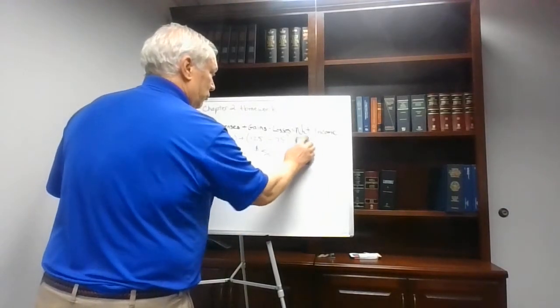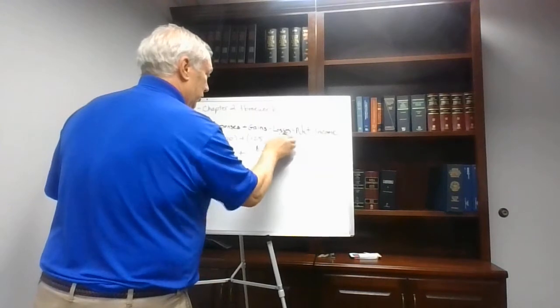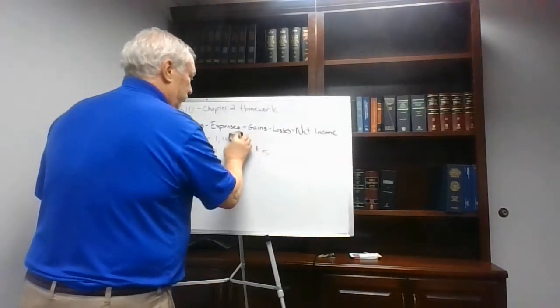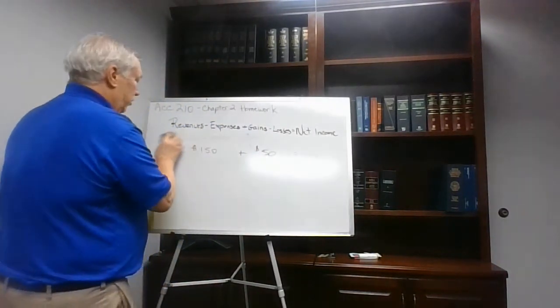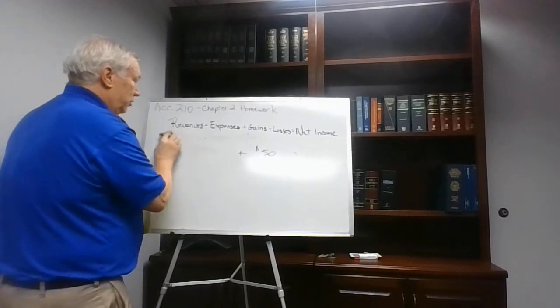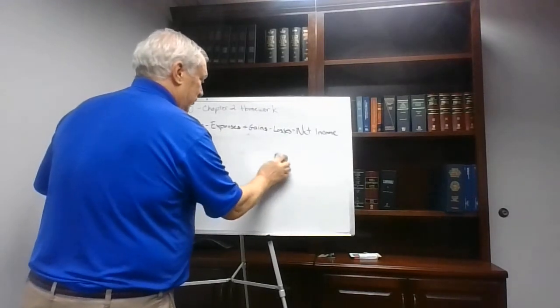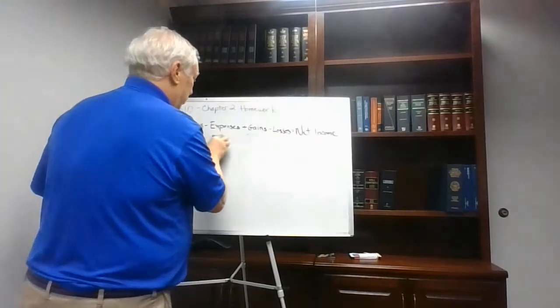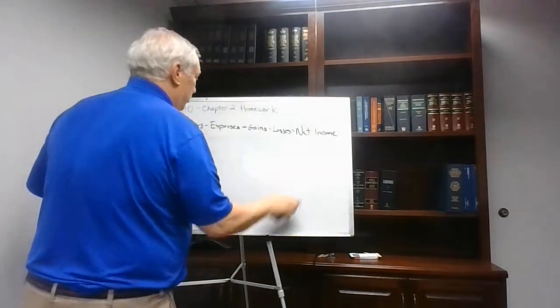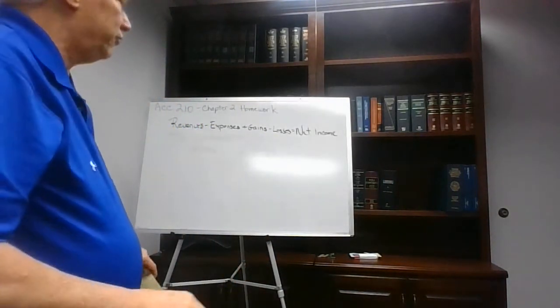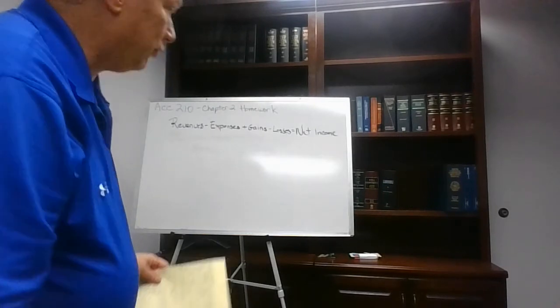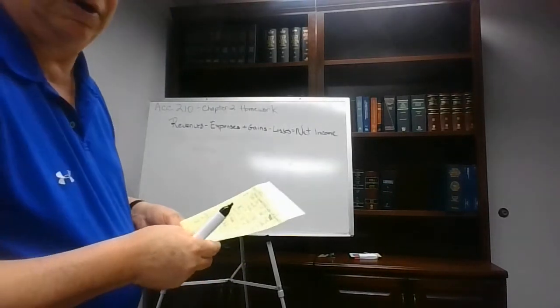Let's look at the next one, which is going to ask us to manipulate the equations to solve for a variable that's in the middle of the left-hand side of the equation. So here's our equation. Revenues minus expenses plus gains minus losses equals net income.